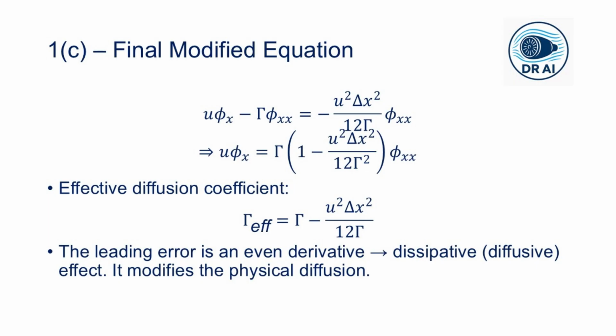However, this analysis is only valid when the error is small compared to the physical diffusion. If the coefficient is very small, the modified equation's coefficient might even become negative, indicating that the numerical scheme becomes unstable. We will see later that this is connected to the grid Péclet number.